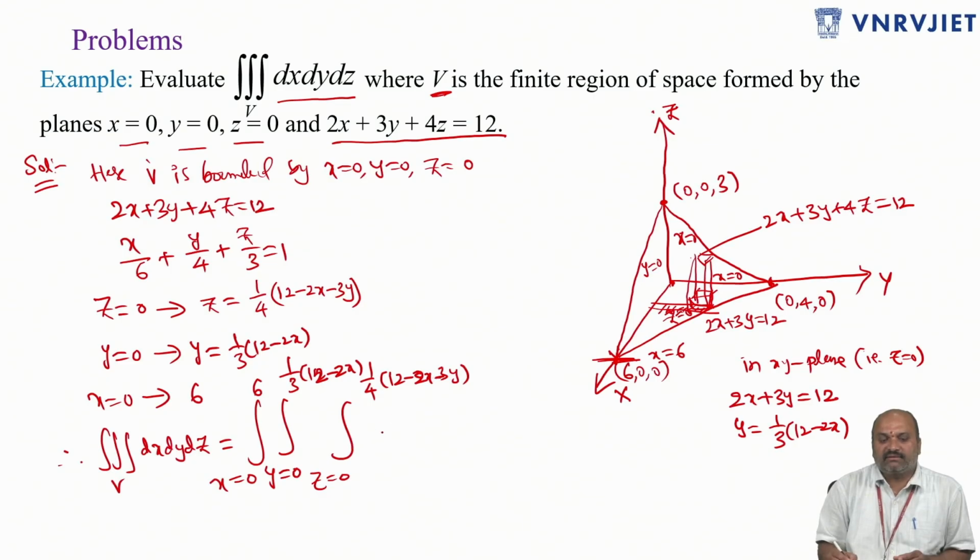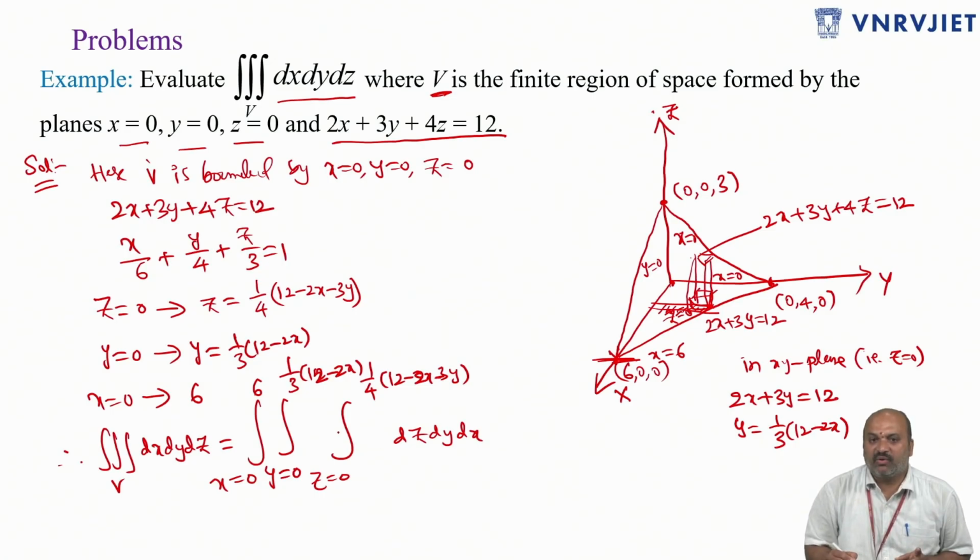We integrate first with respect to z, then y, and finally x. The innermost limits are functions of x and y, so we integrate first with respect to z, treating both x and y as constants. Next we integrate with respect to y, treating x as constant, and finally with respect to x.